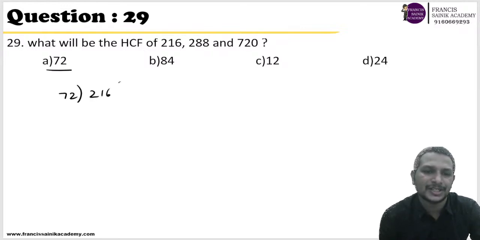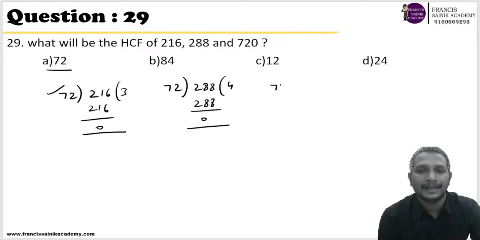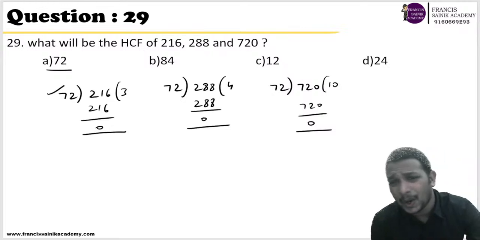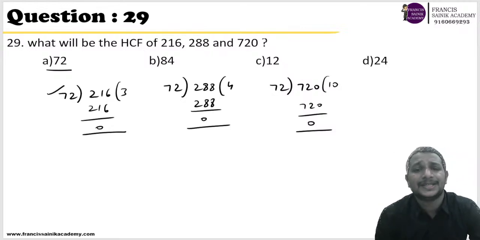Check the options one by one. Which number is dividing all these numbers? 70 is dividing all, this number 84.